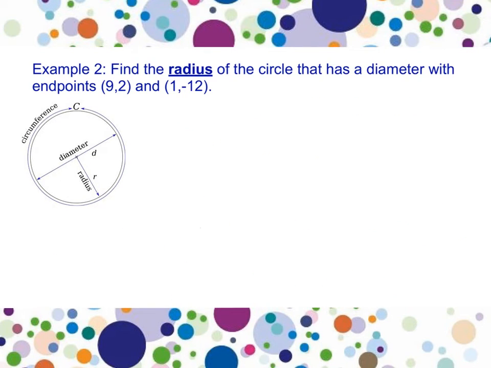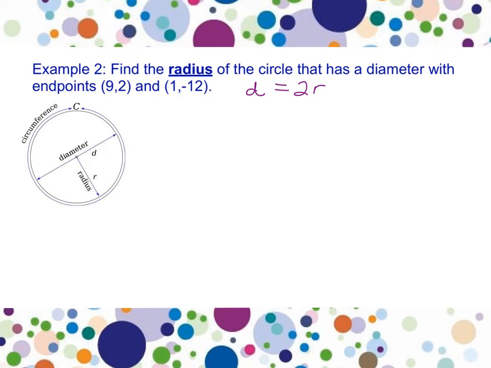In our last example, we're asked to find the radius of the circle given that its diameter has the endpoints of (9, 2) and (1, -12). And so when we're asked to find the radius, we're asked to find the length of the radius. How long is it? So a couple of important relationships to remember is that one diameter is equal to 2 radii.